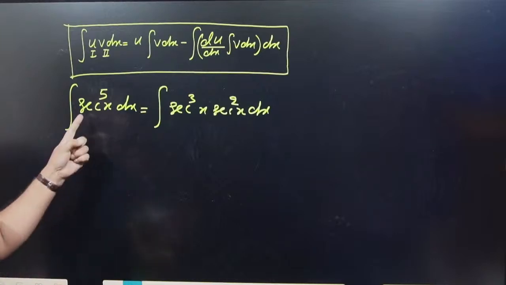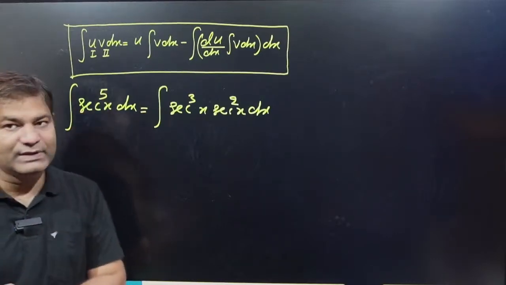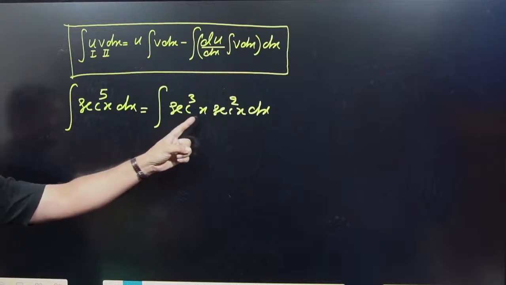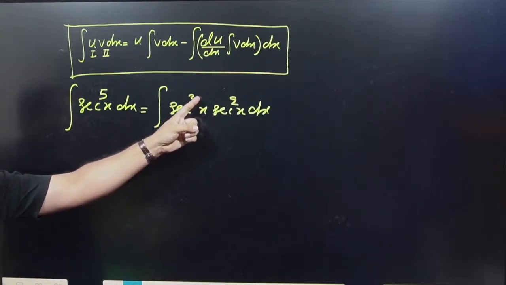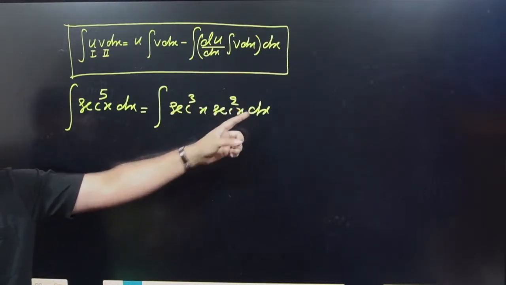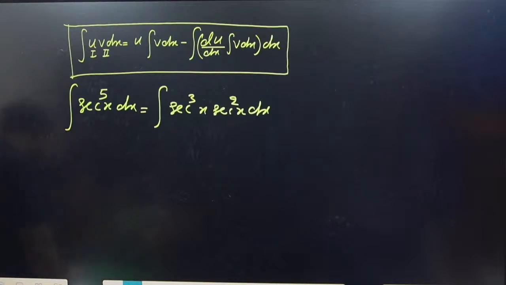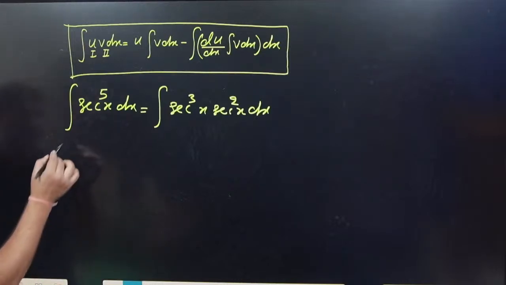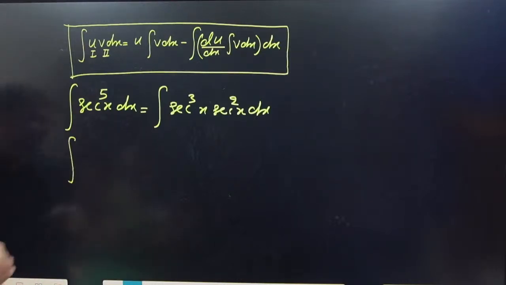Sec x to power 5 dx is replaced by sec cube x into sec square x dx. After that, you can easily find which part is taken as first function and which part is taken as second function.